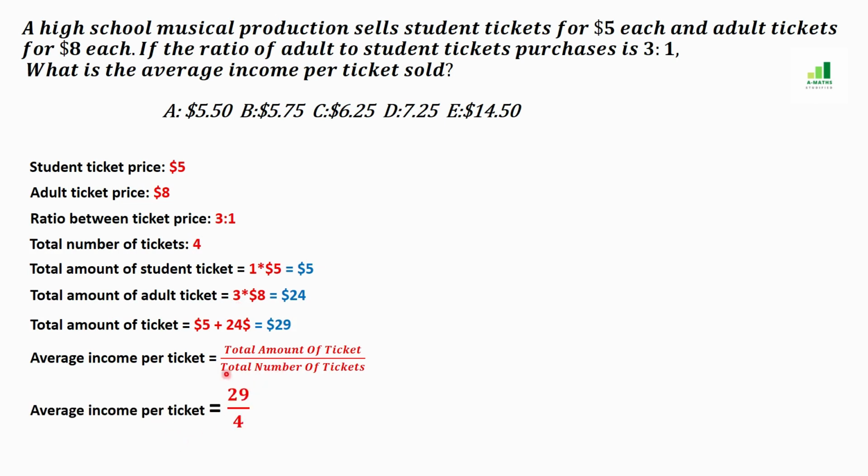When we divide 29 by 4, we get $7.25. It means that the average income per ticket sold is $7.25. So it is the answer for this question.